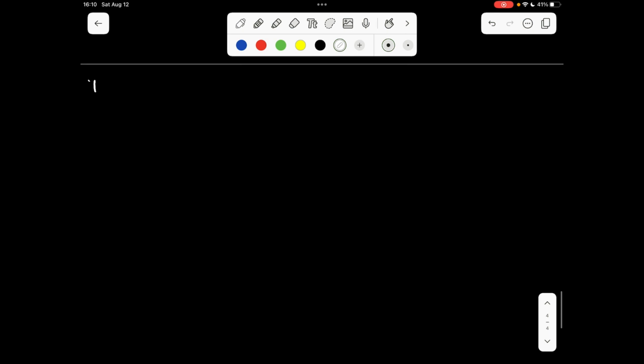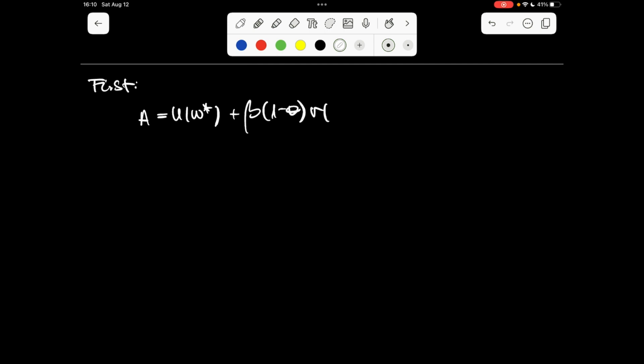First, we need to realize that at the unique wage level, which is called the reservation wage, the two sections of the value function are equal.